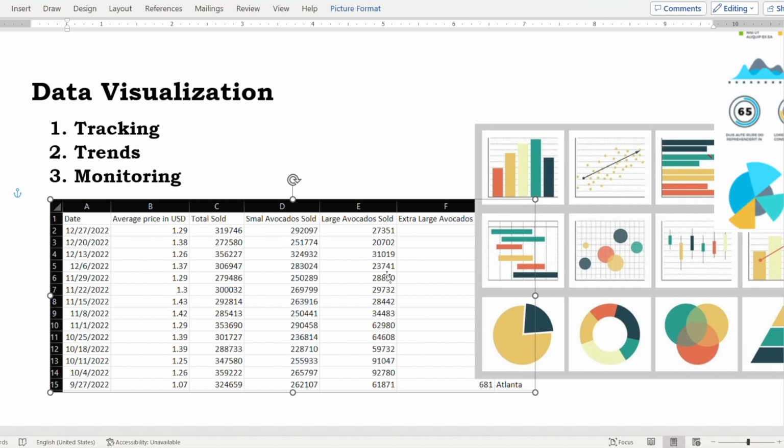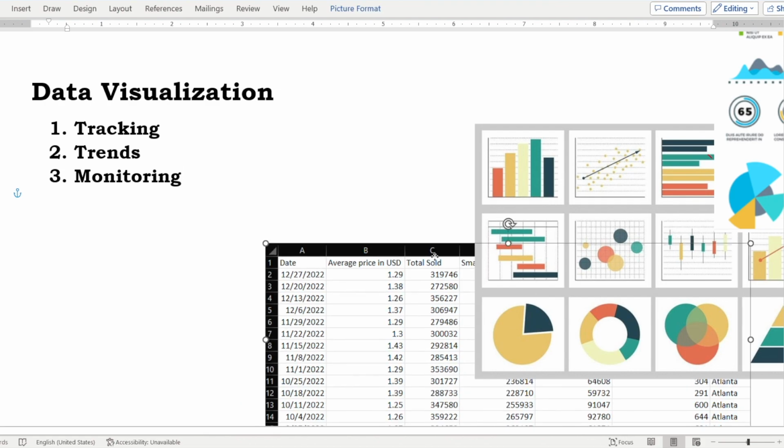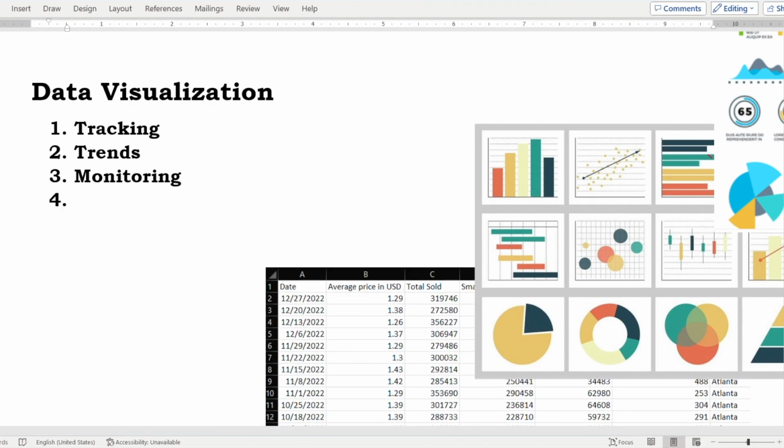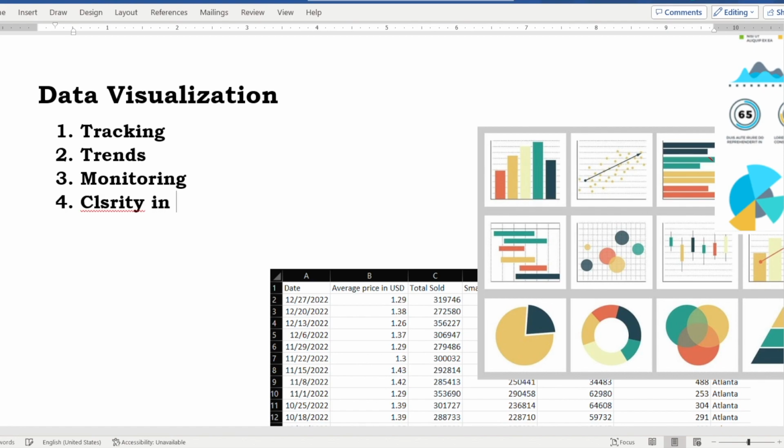These are the points. Okay, so let me repeat the points: clarity in communication, decision making, identifying the trends, exploratory data analysis, and already I said monitoring, tracking, and trending. So I can also add this to this. Okay, so the fourth one, clarity in communication.